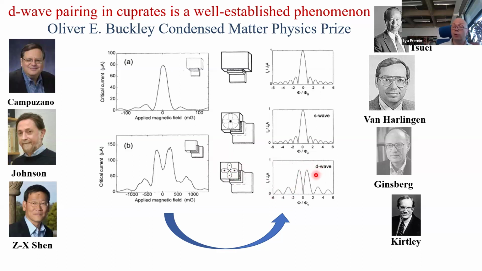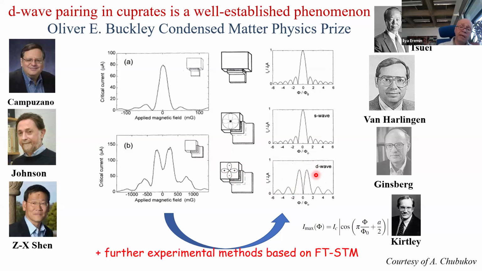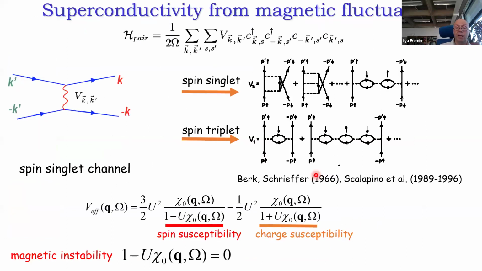And that has also been confirmed by a number of experiments. Therefore, I don't think there is any doubt that the symmetry of the superconducting order parameter is d-wave. Plus, there has been further development by Fourier transformed STM, which has also shown unambiguously the symmetry of the superconducting order parameter.